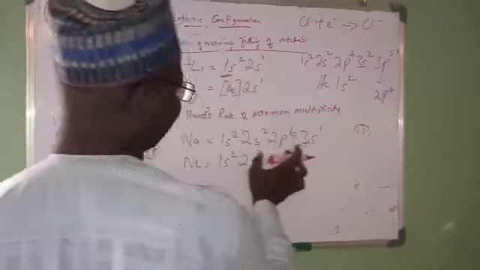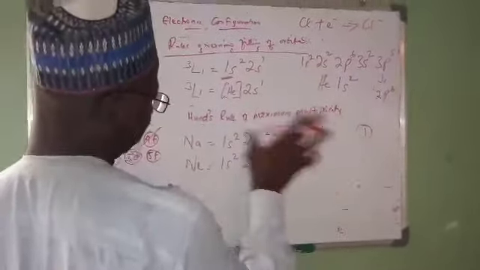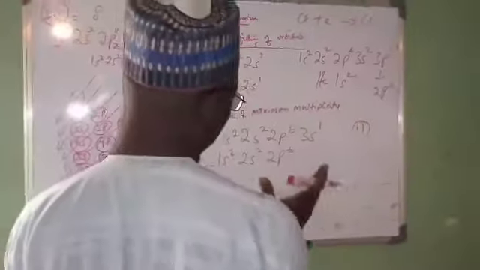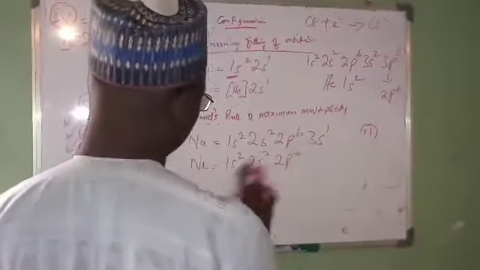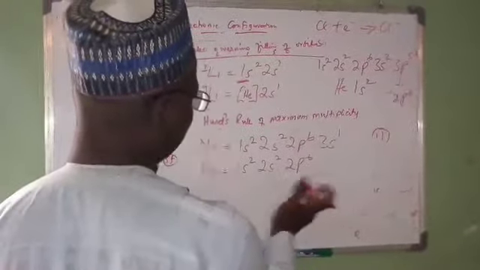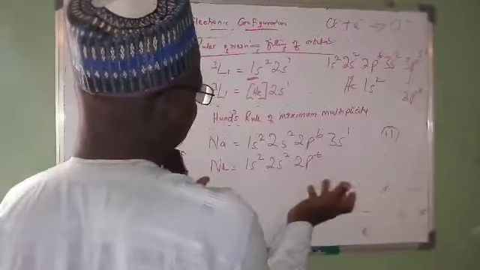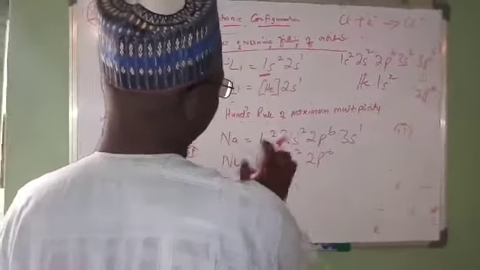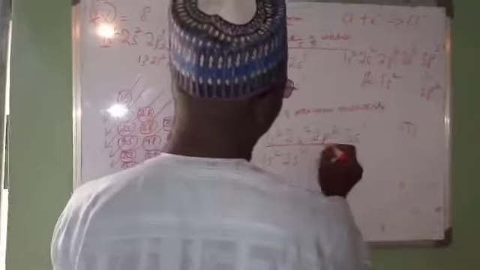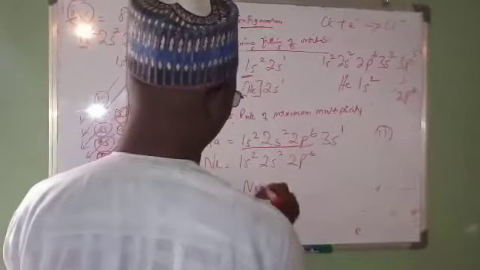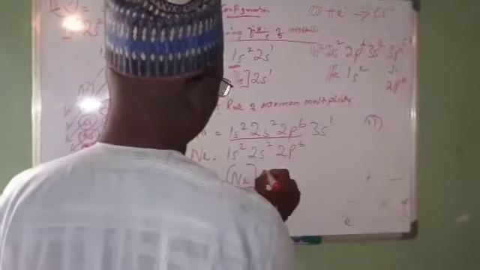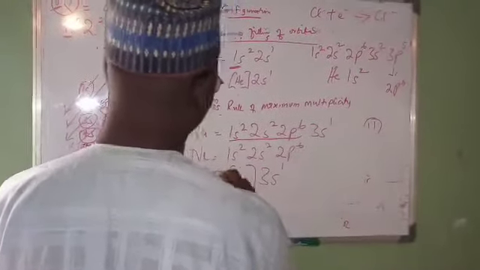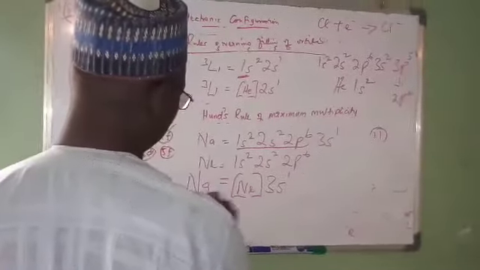It's a noble gas. It has a complete outermost orbital. So what do you do? Instead of all these up to this point, which is equivalent to neon, you can just write neon core 3s1 for sodium.